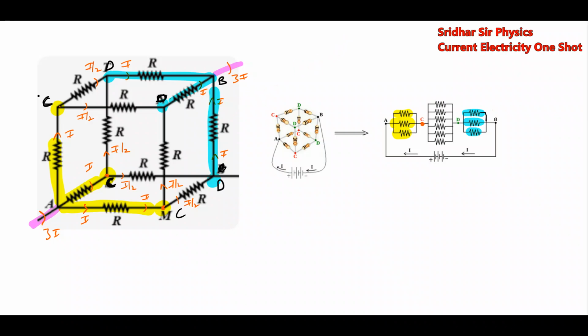Between C and D, we are connecting 6 resistors. Then this circuit will be further R by 3, R by 6, R by 3. We'll calculate, so we'll get the effective resistance.